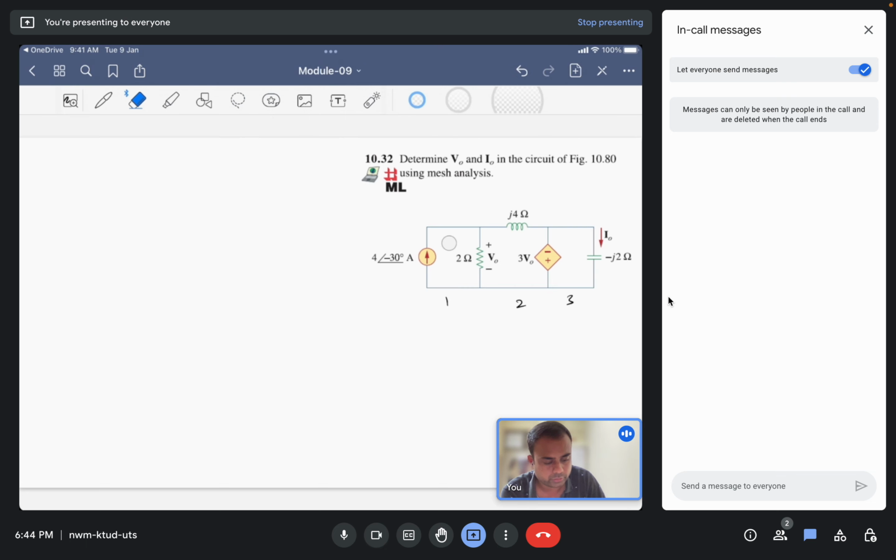And all the directions of flow, let us call positive, all in clockwise fashion.